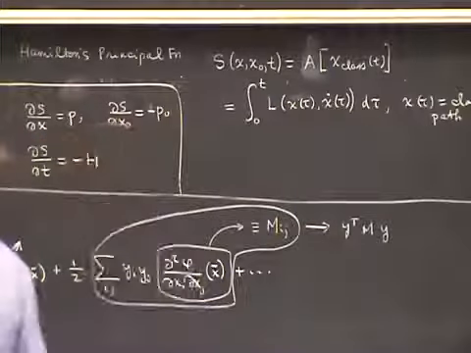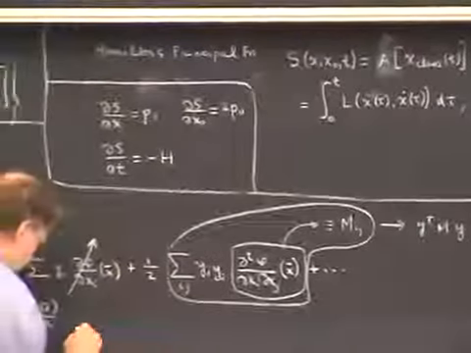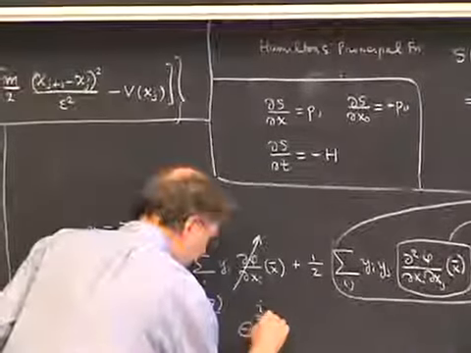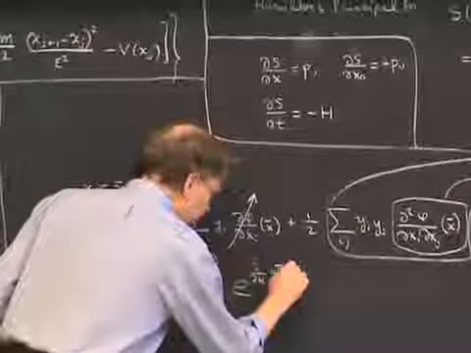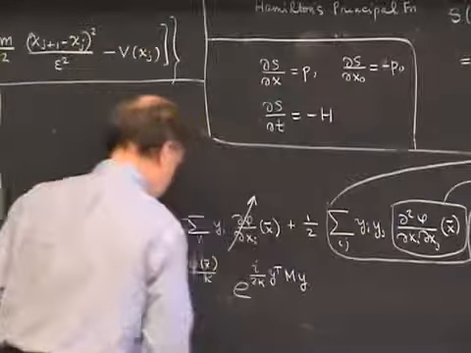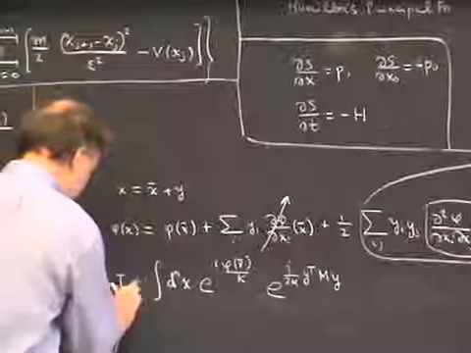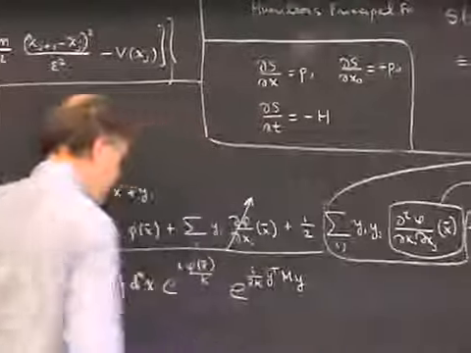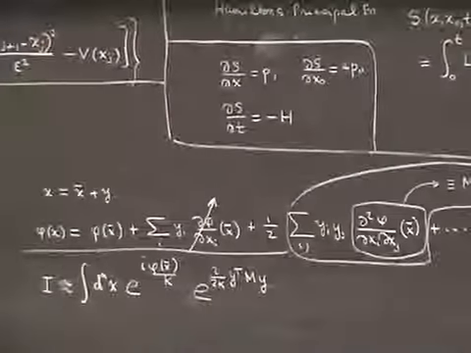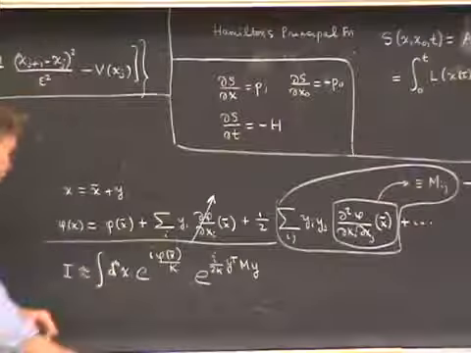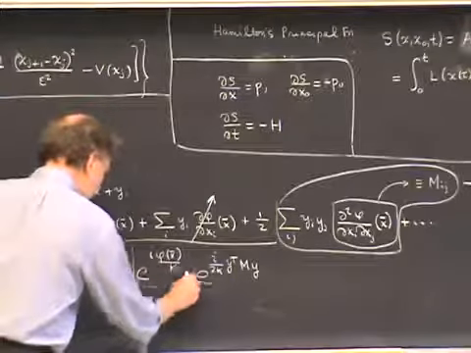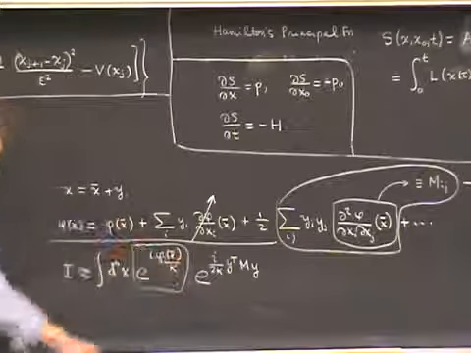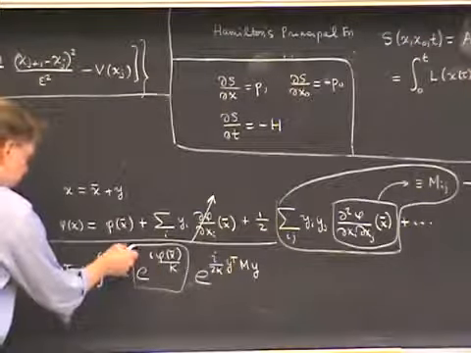So if I do this, there's another term here in this integral, it's e to the i over 2 kappa, and then we've got y transpose times M times y. And this is now an approximation because we truncated the expansion of the exponent at second order. But you can see that as far as the first factor is concerned, the phi evaluated at the stationary phase point is just a constant.